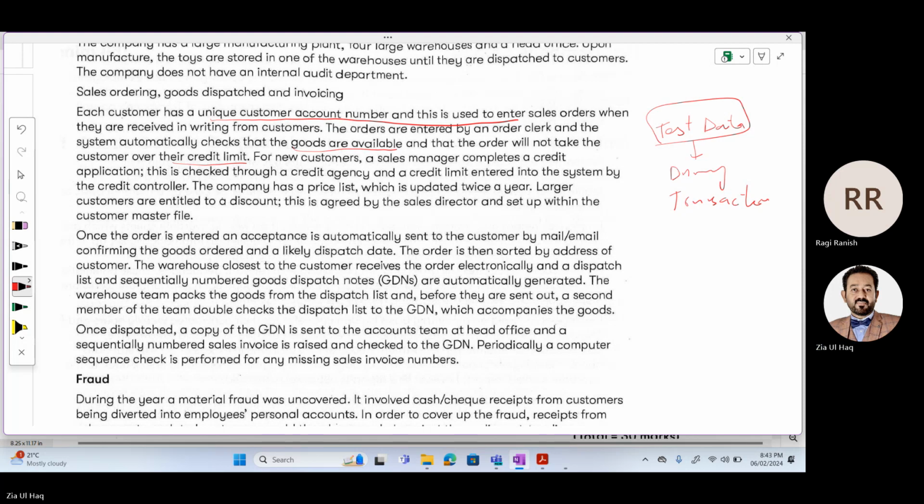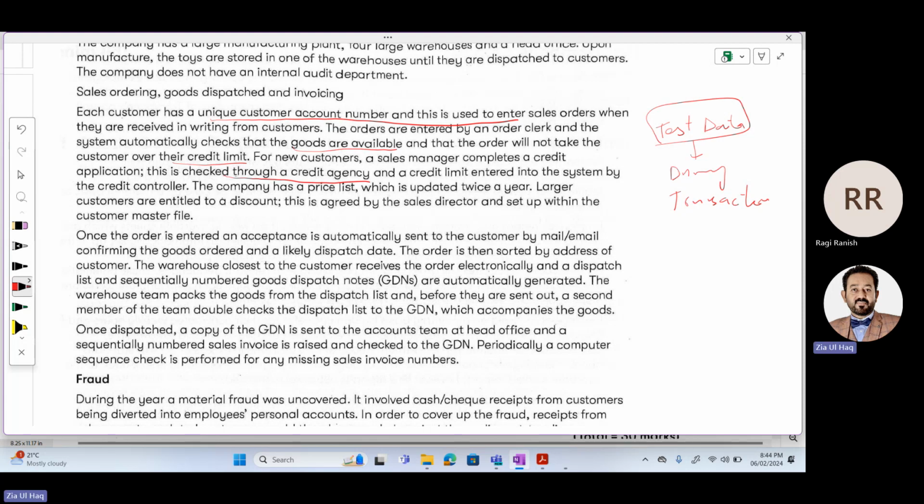Is that fine? For new customers, a sales manager completes a credit application. This is checked through a credit agency and a credit limit is entered into the system by the credit controller. So there are two controls. First, for a new customer, they are checking creditworthiness through a credit agency.